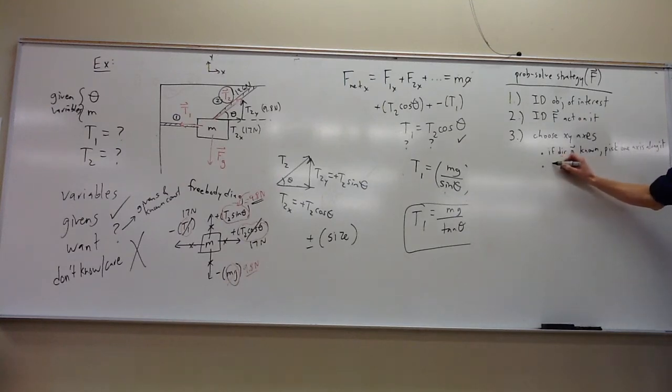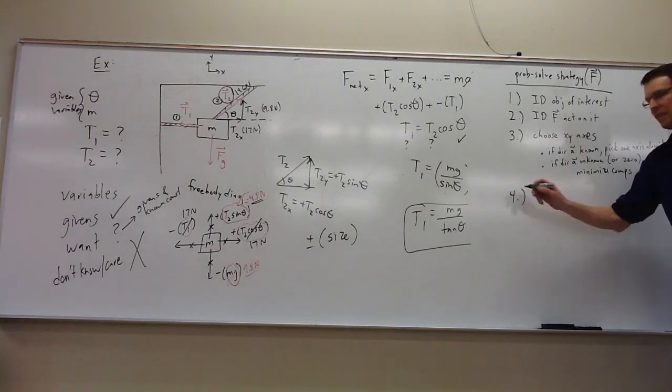But if the direction of the acceleration is unknown, or it's 0, then just minimize how many components you're going to have to deal with. That's what I did in my problem, by the way. I didn't have an acceleration, so why not pick some axes where I have to break up fewer things into components rather than more?